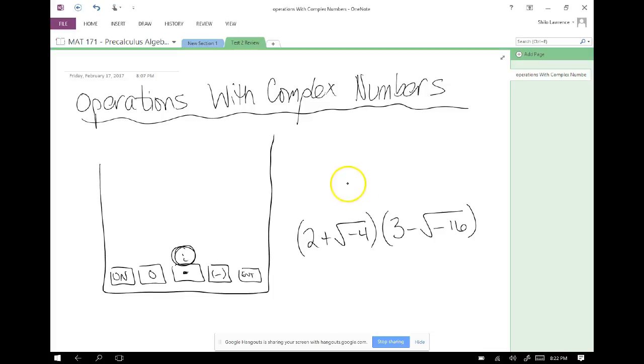Right now, if you entered this, it would give you an error because this is a non-real answer. So I'm going to put my calculator in a plus bi mode.